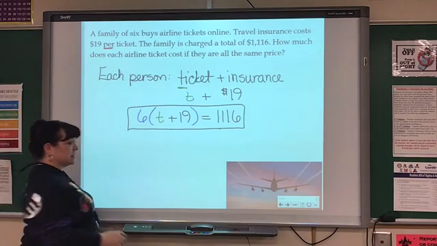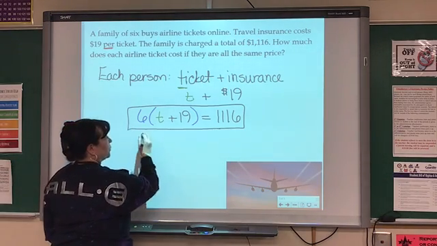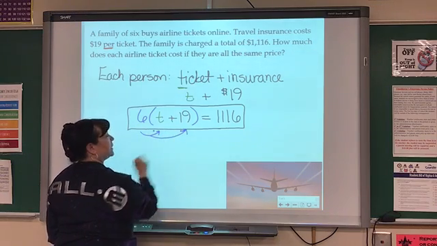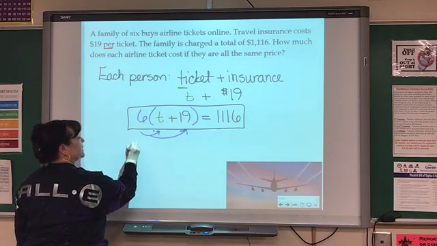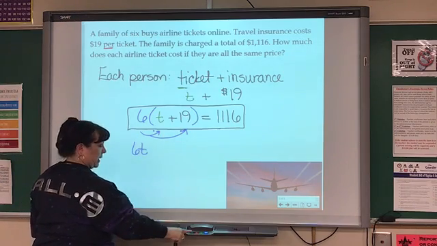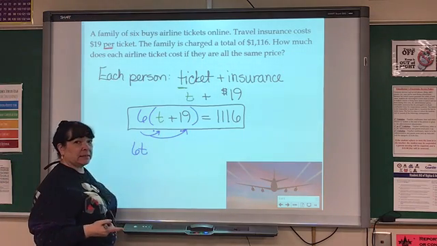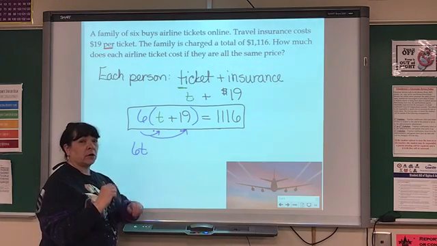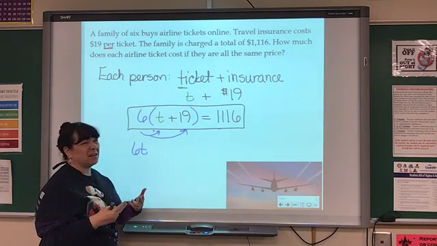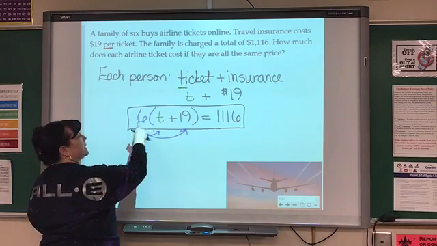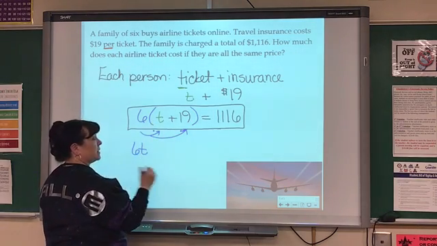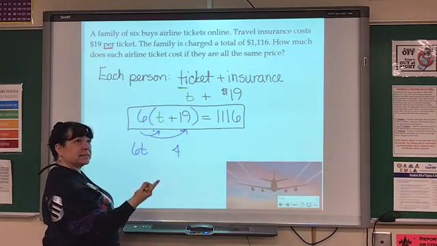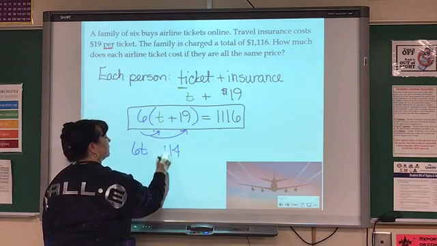To solve this, quite simple, I'm going to distribute. I'm going to do my little hippity and hoppity. 6T, and then 6 times 19, you might want to do a little multiplication. You could do it on a calculator. You could do it maybe in your heads, or maybe you might just want to say, all right, I'm going to multiply 6 times 9, that's 54. 6 times 1, that's 6, and the extra 5 is 11.